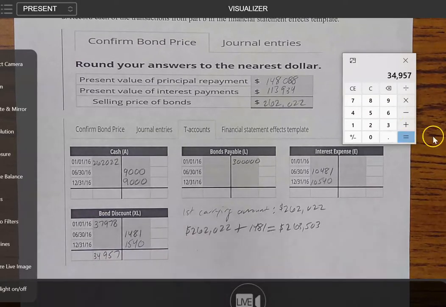And we could actually use this number, I'm going to clear this, but we could actually use this number to calculate the current carrying amount because it's no longer 263,503 after an additional 6 months has passed.